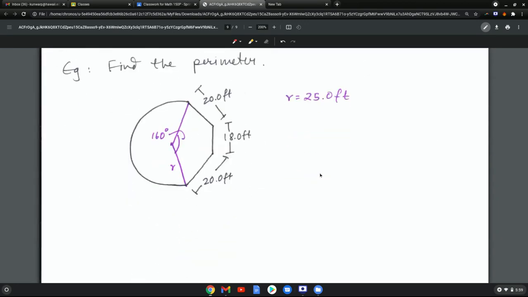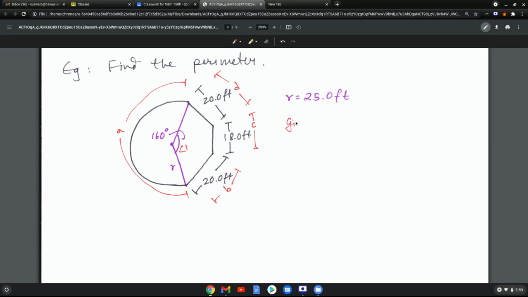Another example is you have this odd shape and you have to find the perimeter. Now remember, perimeter is the sum of all the sides, right? So let's label, let's say I call this length A, I call this side B, I call this side C, I call this side D, and I call this angle 1.